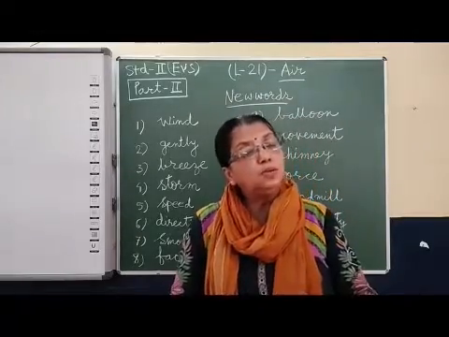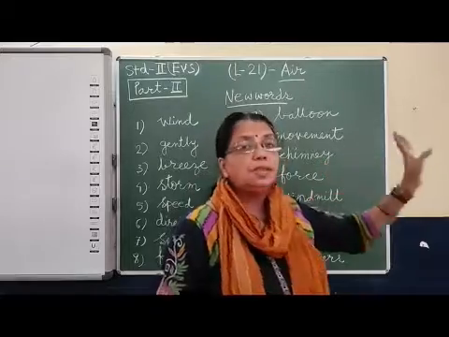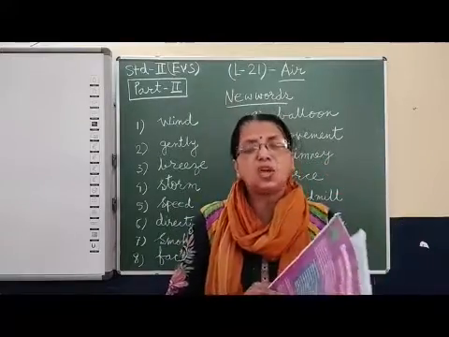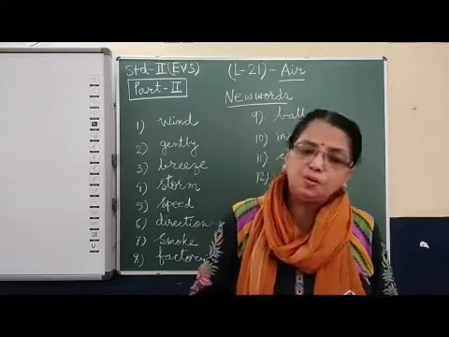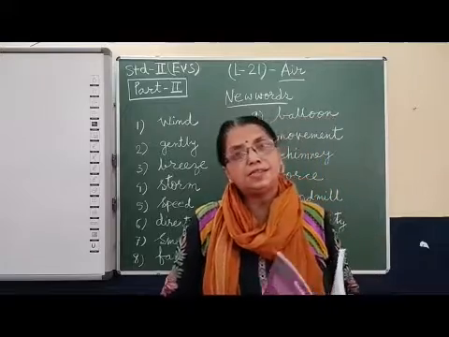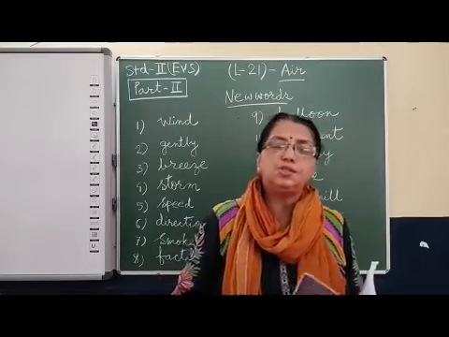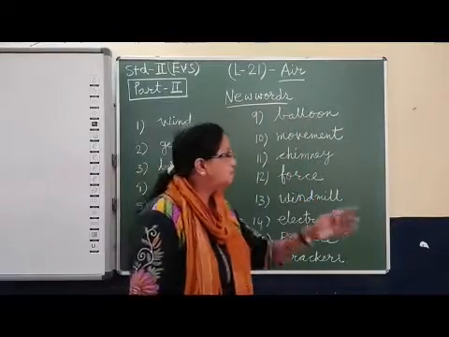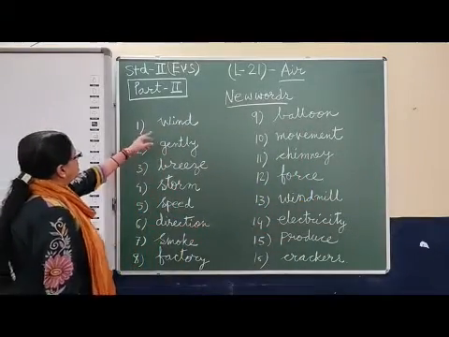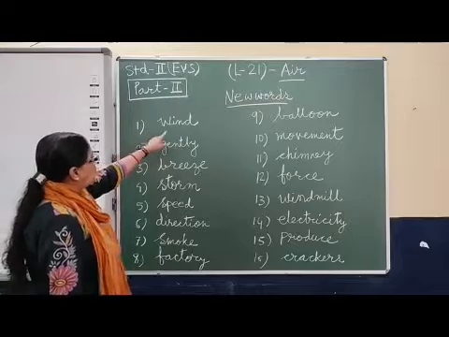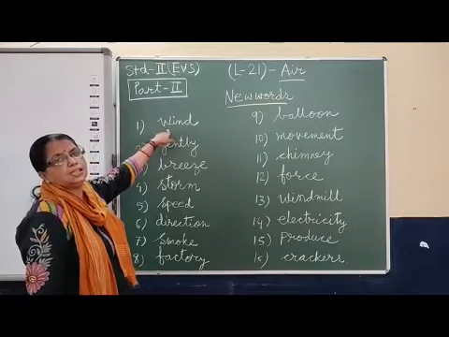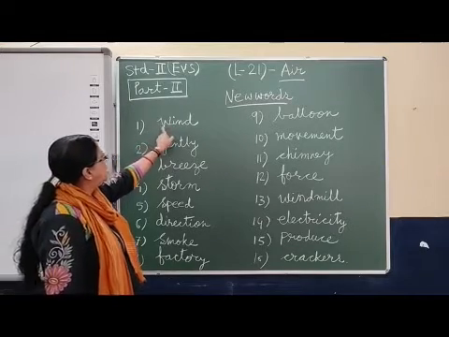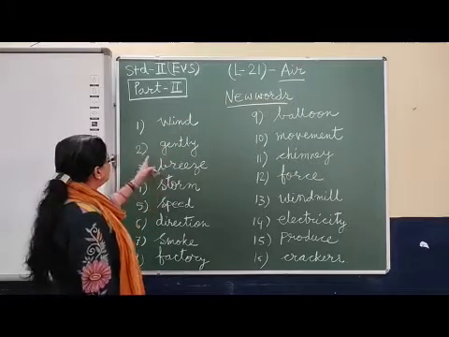Now we will learn the new words of this chapter, which will help you to give answers to all our questions. So let's start, let's learn the new words. What are the first words? Wind. Moving air is called wind. What is the spelling? W-I-N-D.